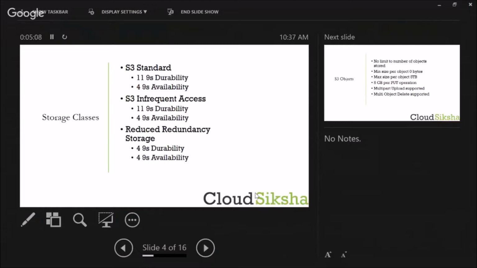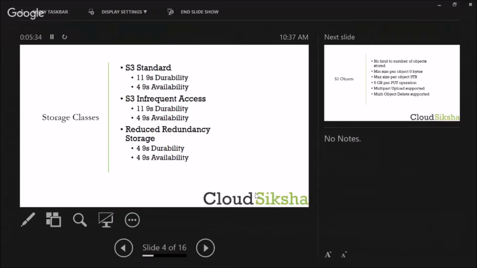If it's a very important document and which needs to be accessed fast, then of course you go for something like the standard storage. But if they mention that this storage needs to be accessed only once in a while, like once in 3 months, I take it out to prepare a report, then you can look at going into infrequent access class.